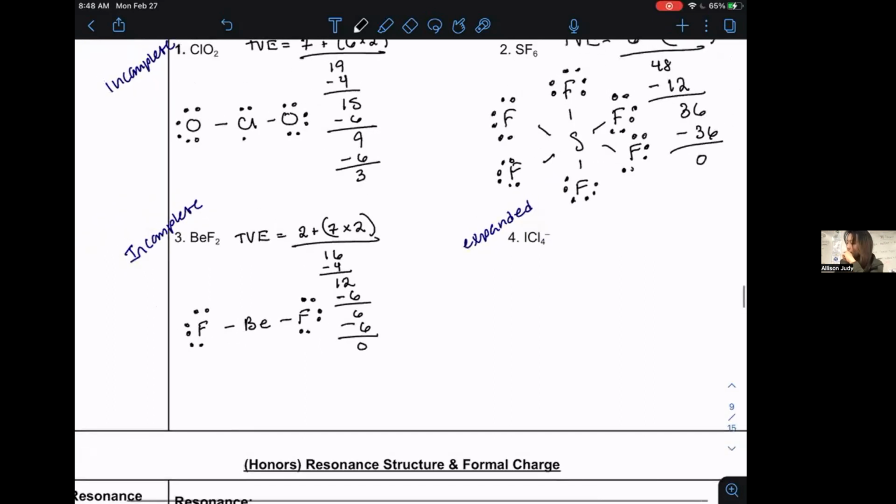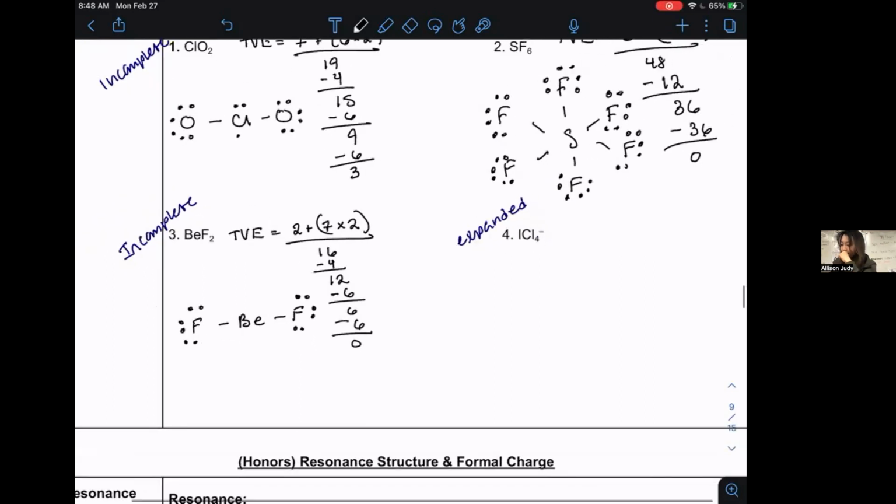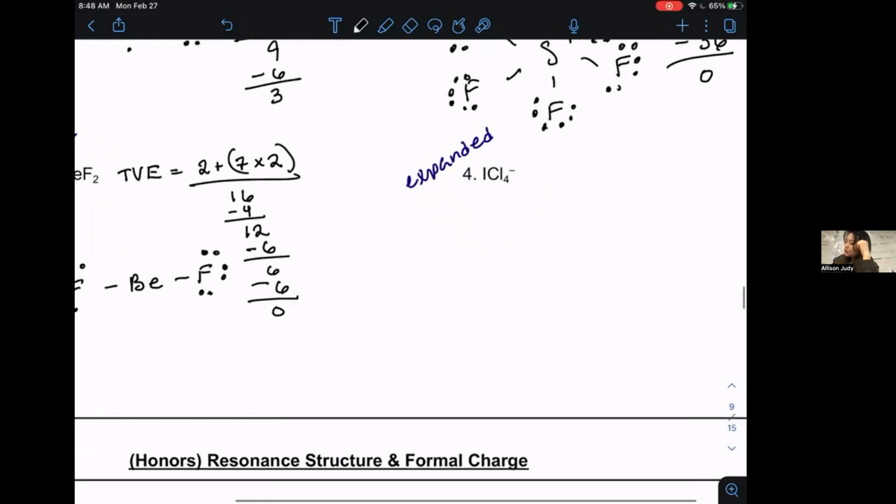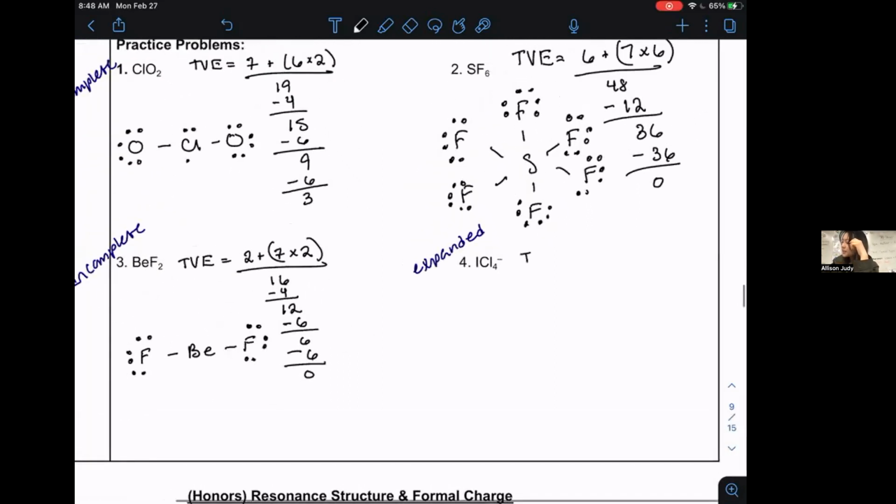Okay. How about iodine tetrachloride? Okay. Total valence electron count. Notice this is a polyatomic by itself. A polyatomic molecule by itself is covalent. Only when it's bonded to another ion is it ionic. But it is naturally covalent. Okay, so total valence electron count is 7 plus 7 times 4, but wait.